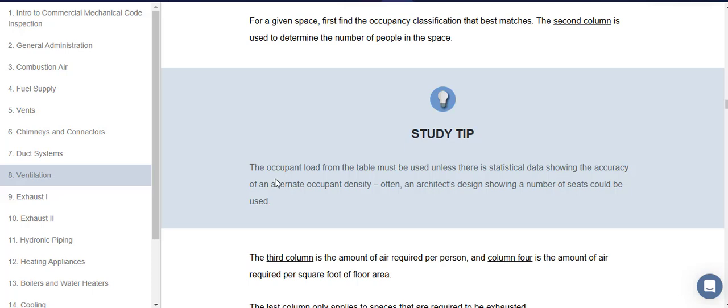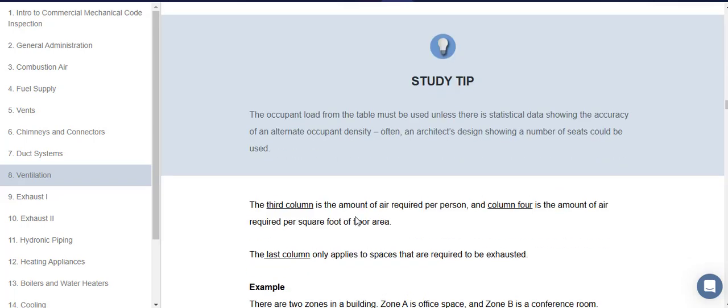Study tip: the occupant load from the table must be used unless there is statistical data showing the accuracy of an alternative occupant density. For an architectural design, a shown number of seats could be used.